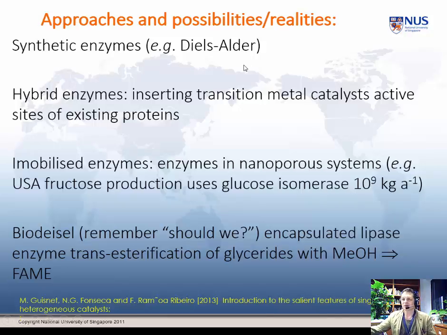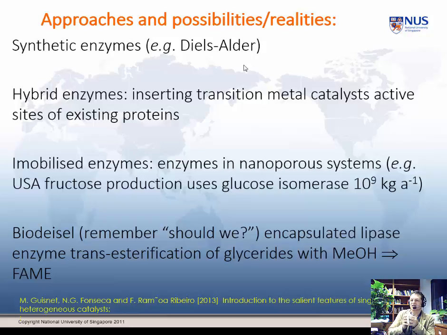They were able to produce a hybrid enzyme and make synthetic enzymes, because they were able to insert transition metal catalysts into the active sites of existing proteins.